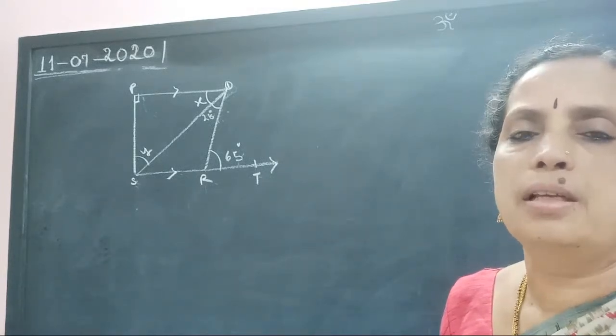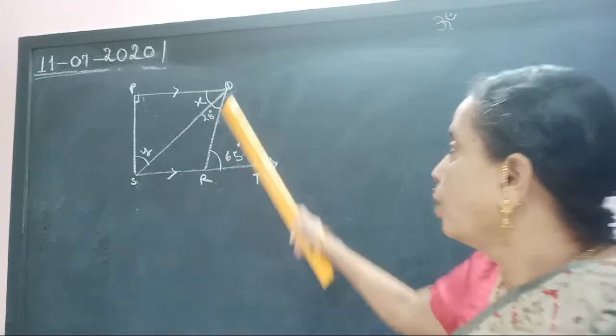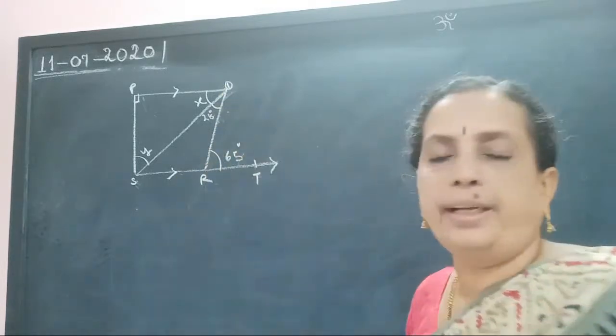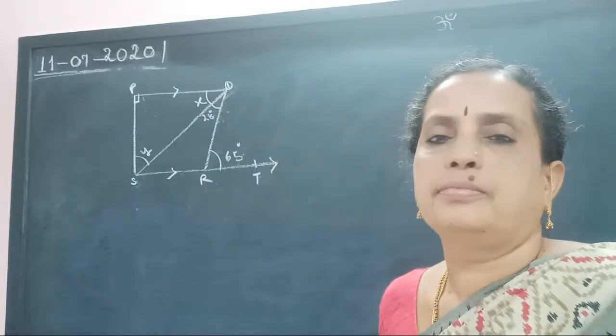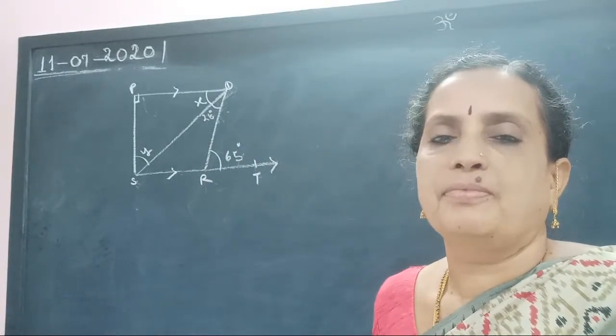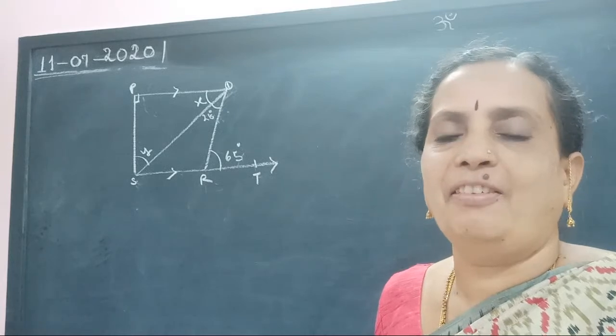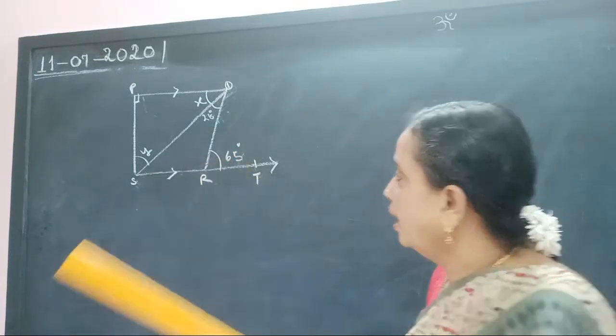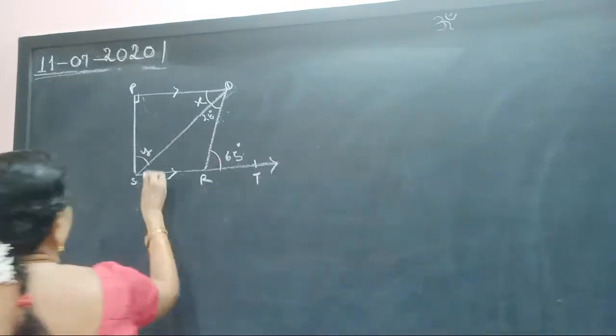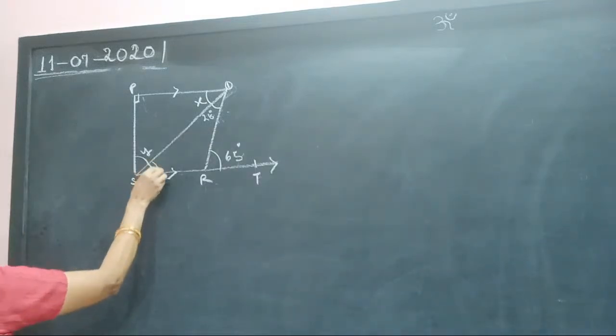QRT is not a right angle, dear. Exterior angle. Very good, Samhita. This is the exterior angle and these two are interior opposite angles.